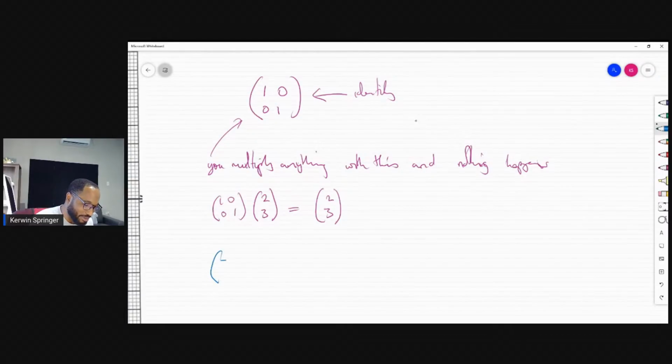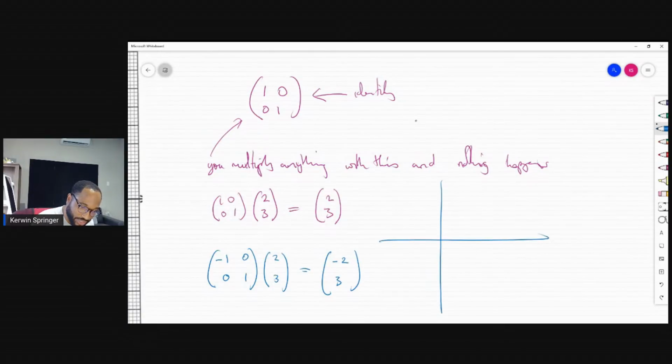So if you do one thing, like if you just switch the sign on that, something strange happens. All of a sudden, the answer will come out like this. This negative will go here, and -2 here, and I get 3 here. So think of it. The original point would have been 2, 3, which is here. That's A. And A prime turns out to be -2, 3, here.